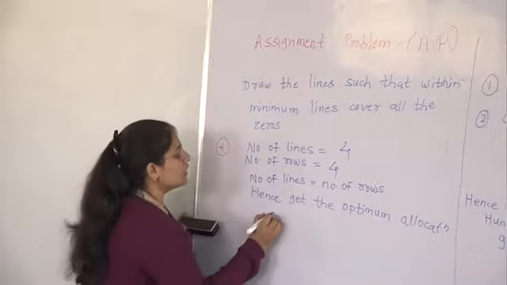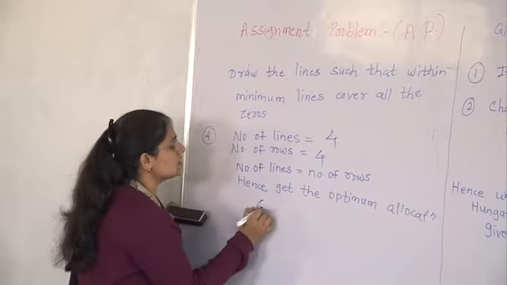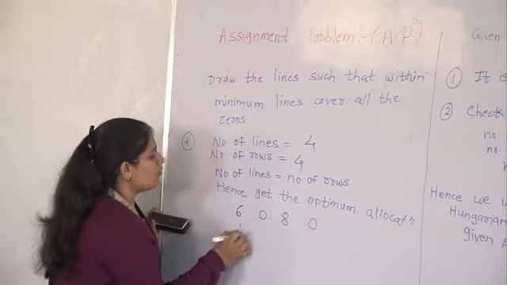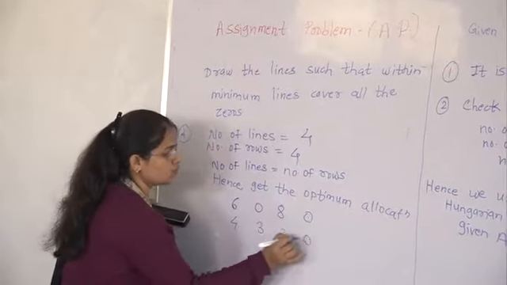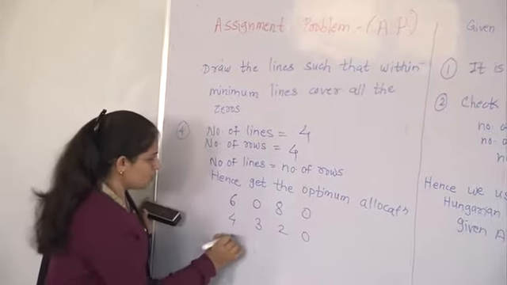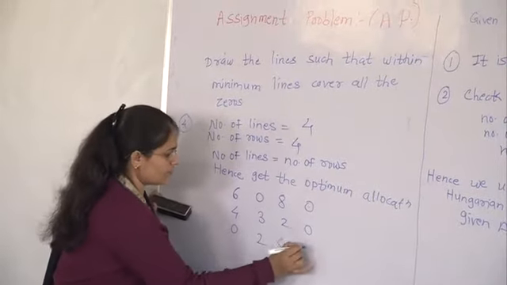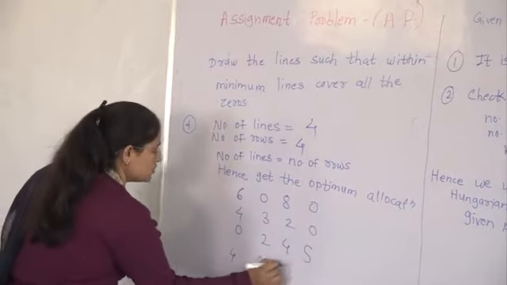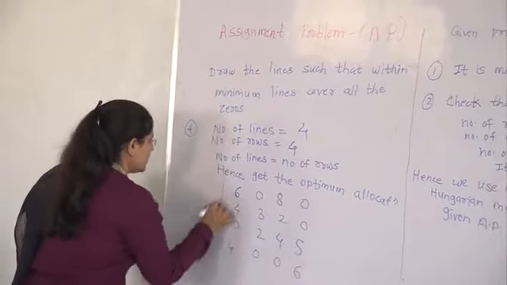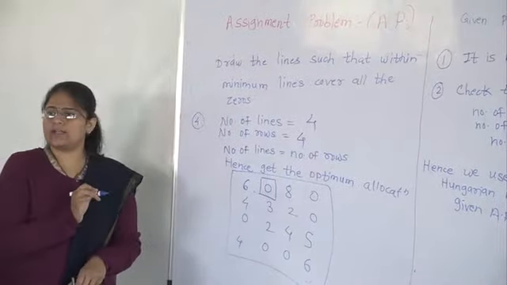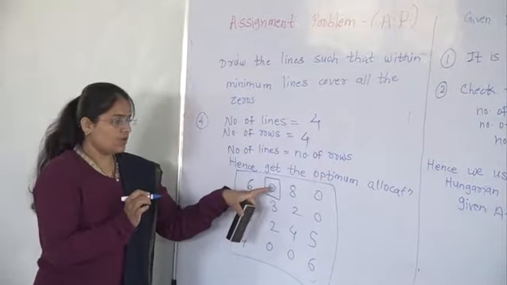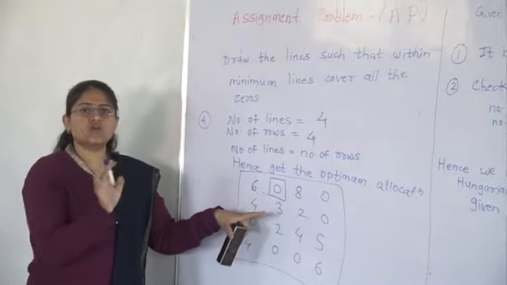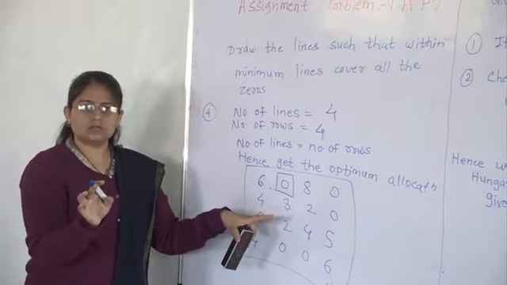See here how to allocate. 6 0 8 0, 4 3 2 0, 0 2 4 5, 4 0 0 6. Suppose you allocate here. Then in that row and in that column no other allocation is possible.